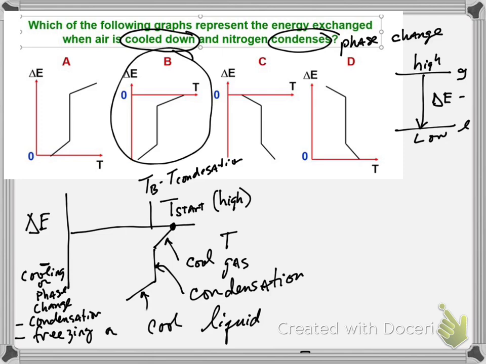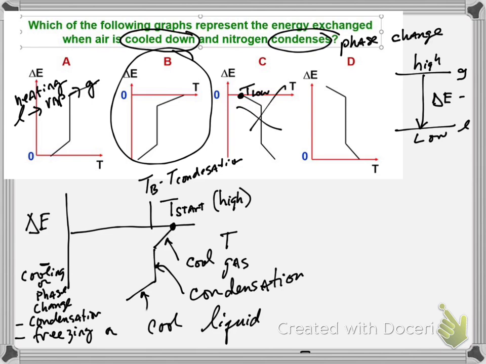It gives us B. A is heating liquid, vaporizing, then heating the gas. So heating the liquid, vaporizing, then heating the gas. That would be A. C starts at T low.